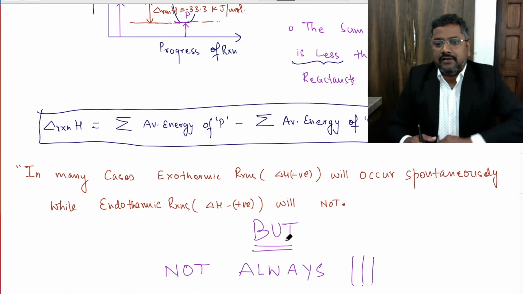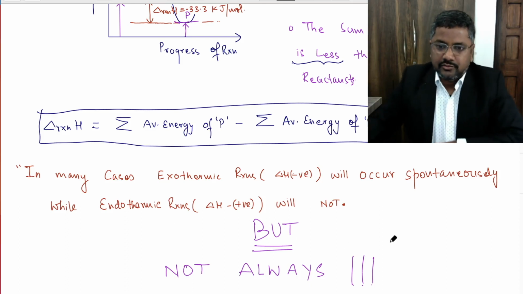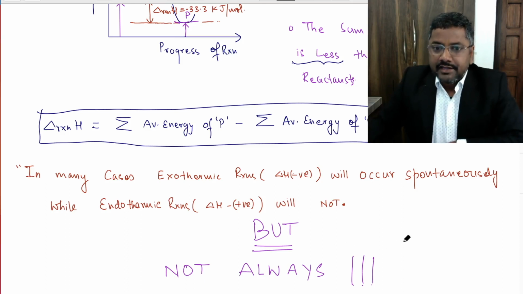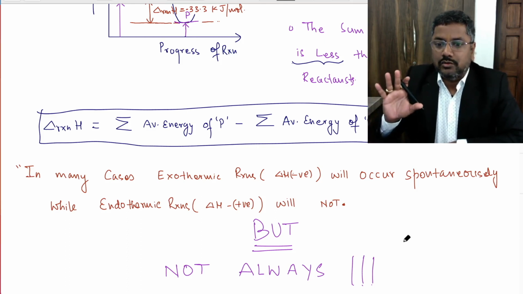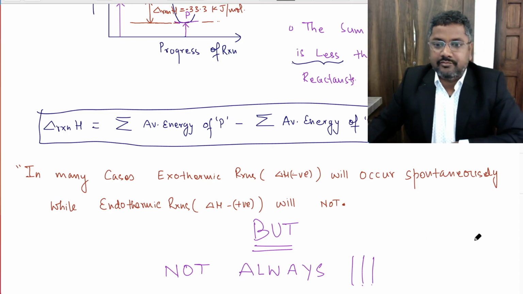After that, I will talk about the next thermodynamic function, which also plays a very important role in explaining the spontaneity of chemical reactions. But remember, very carefully, for mechanical processes, energy is a sufficient factor to explain them. Entropy is not required. But for chemists, it is very, very important.